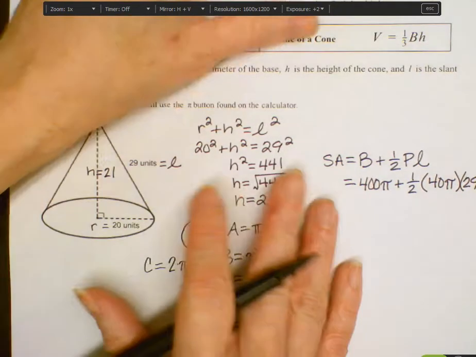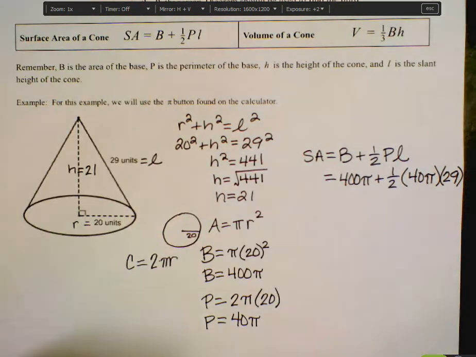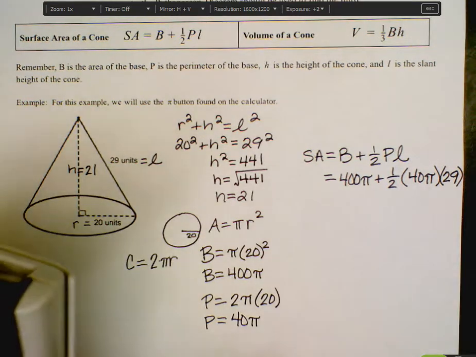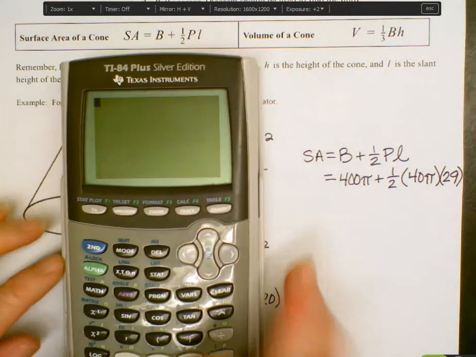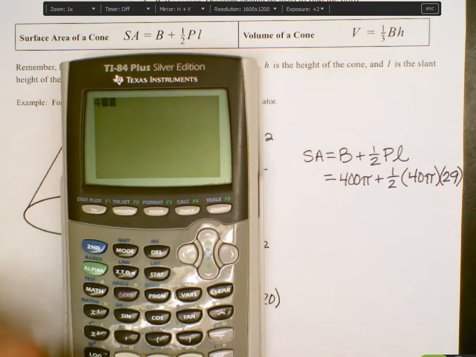Now at this point, you should be able to type that into your calculator and determine the decimal version of that particular quantity. Remember, throughout this chapter, we are using the pi key on the calculator, not 3.14, just to ensure that we all have the same solution.